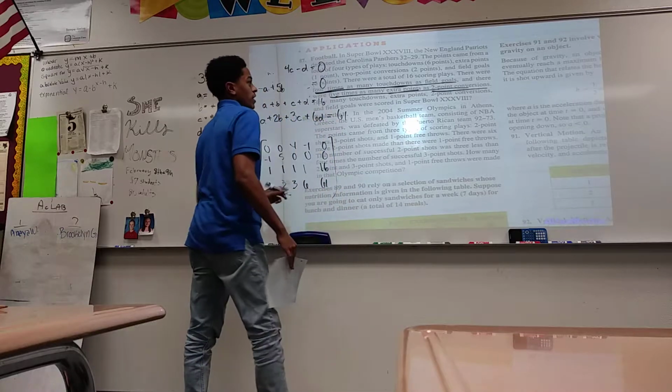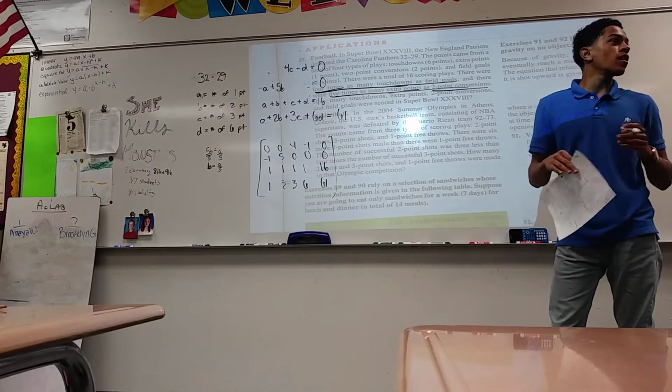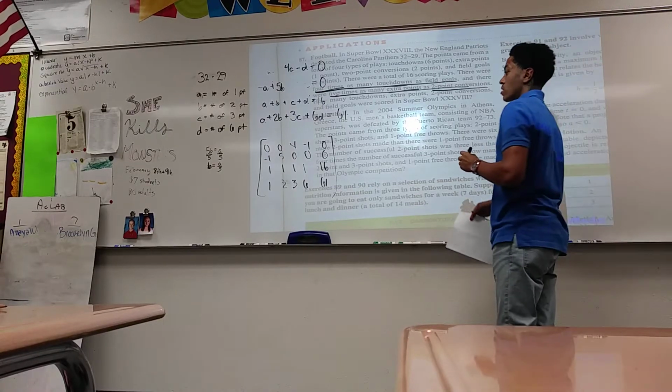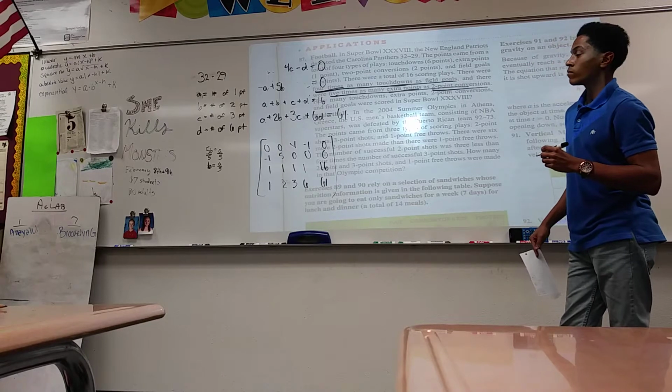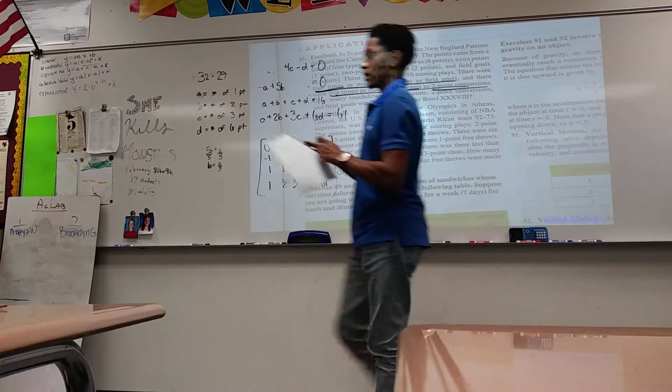How would you guys get it when you did that, and then you're good from there? Hold on. A is 5, B is 1, C is 2, D is 8.